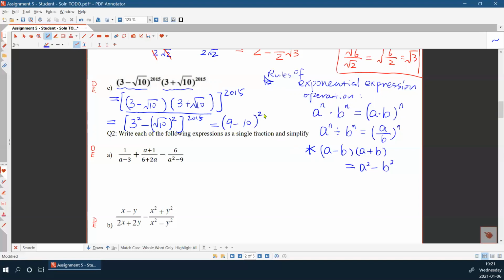To the 2015th power, which gives us how many? What's the answer here? Can you see the answer here? It's minus 1 to the 2015th power, right? 2015 is an odd number, so the final result is minus 1, right?